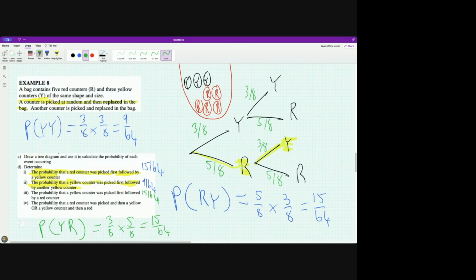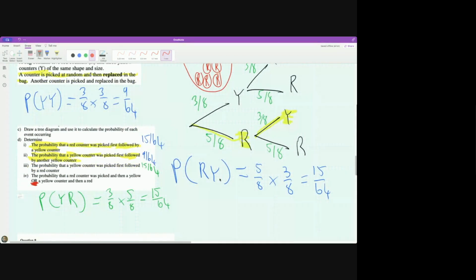Now, what about the last one here? What is the probability that a red counter was picked and then a yellow, or a yellow counter and then a red? So there's this word or, which seems to alter the calculation. See if you can work that one out. I'll give you a little bit of help.